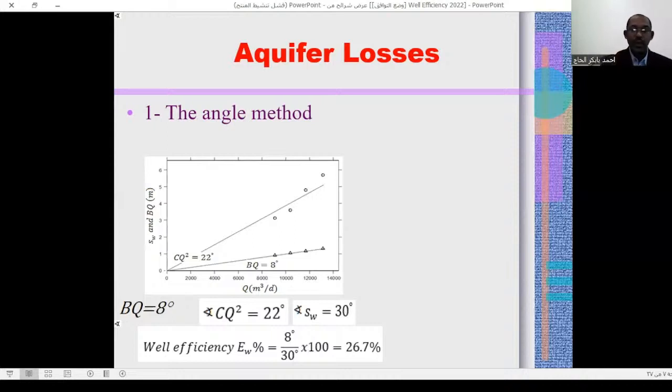Well efficiency equals BQ divided by total drawdown: 8 angle divided by 30 angle times 100 equals 26.7% well efficiency. This is the method, average of all pumping stages.